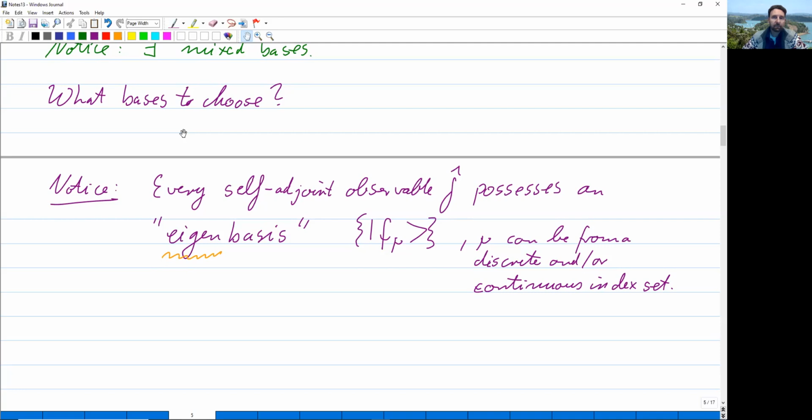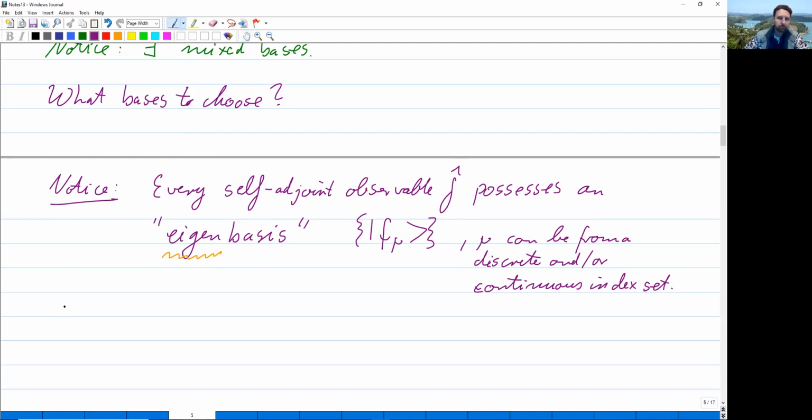And similarly, if you want to work with angular momenta, then maybe you choose an angular momentum eigenbasis, or if you're interested in where a particle is, then you use a position eigenbasis. The spectral theorem guarantees that these eigenbases do exist.